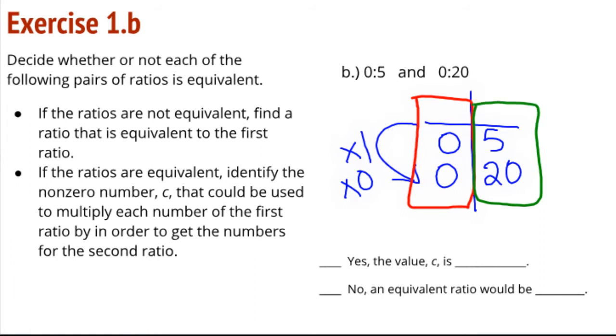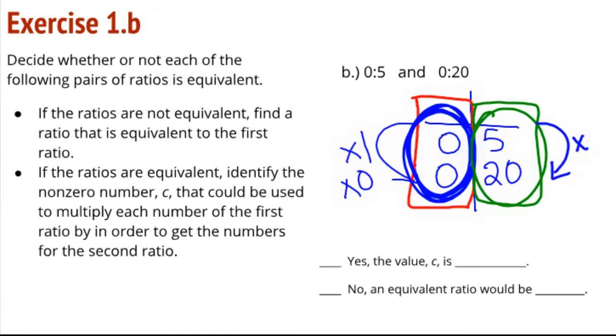You see, over here with the zeros, I've got tons and tons of different things I can multiply by. Over here with the 5 and the 20, I probably only got one thing that I could multiply by. So I need to check that. So I know that 5 times 4 is equal to 20.